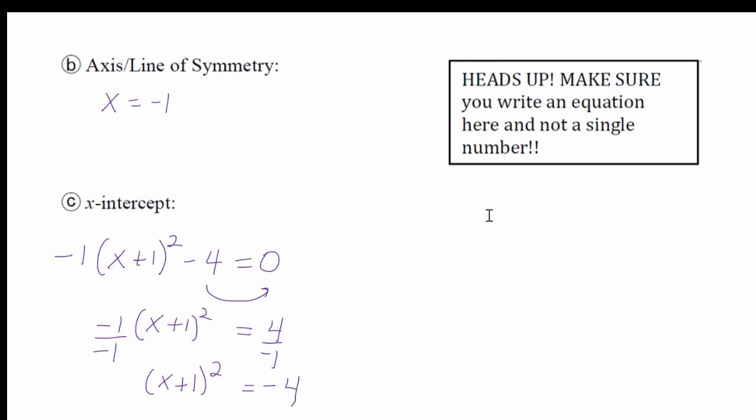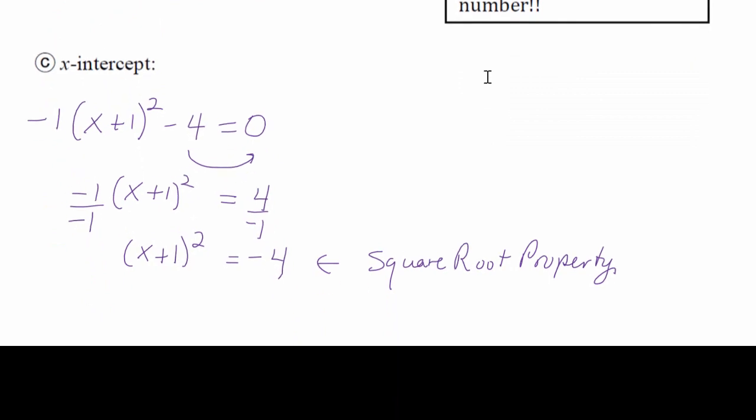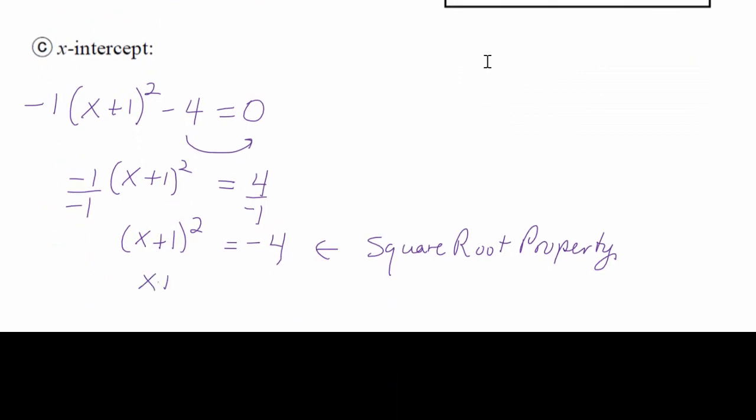And now we're going to take the square root of both sides, okay? So we're using the square root property. So we take the square root of both sides. This is x plus 1. And then over here we do plus or minus square root of negative 4. Okay, so what do you remember about the square root of a negative number like this? Well, this is not a real number.